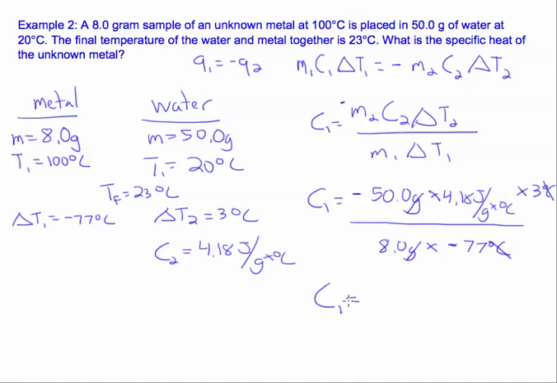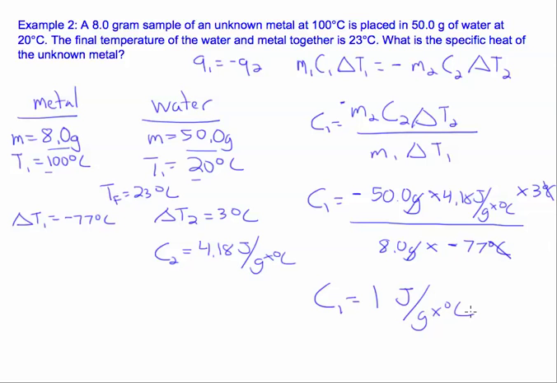And you get 1.01786. When we look for significant figures, we see 2, we see 1, 3, and 1. So when we round this to one significant figure, we have 1 joule per gram per degree Celsius.